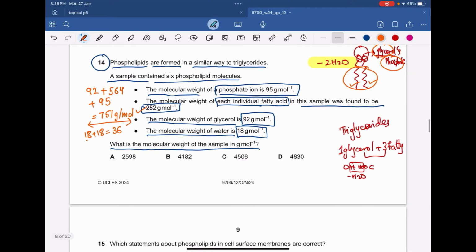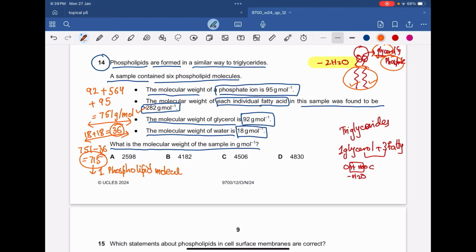So two water molecules are being lost, which is equal to 36 grams per mole. We are going to subtract 36 from 751. So the answer over here would be 715, right? This is the answer for the one phospholipid molecule.